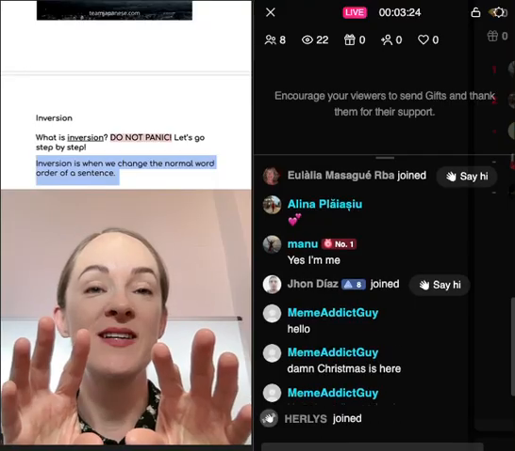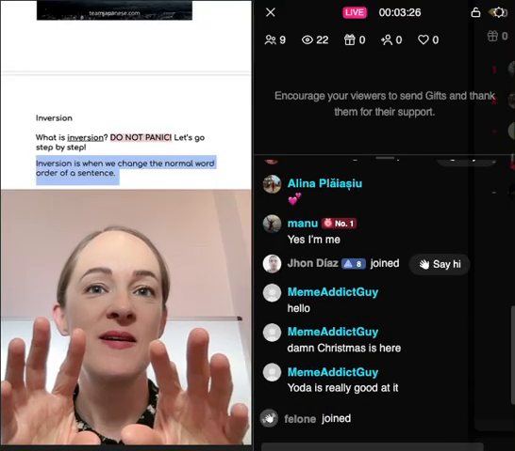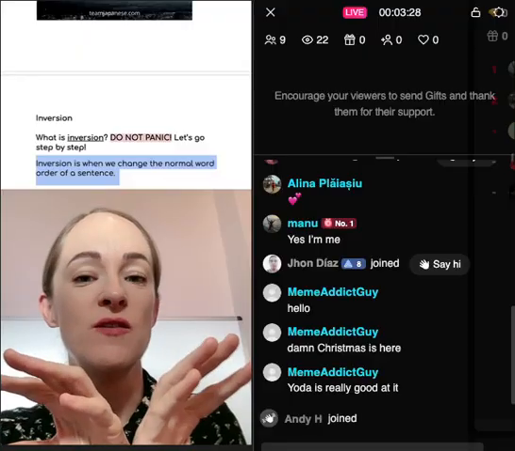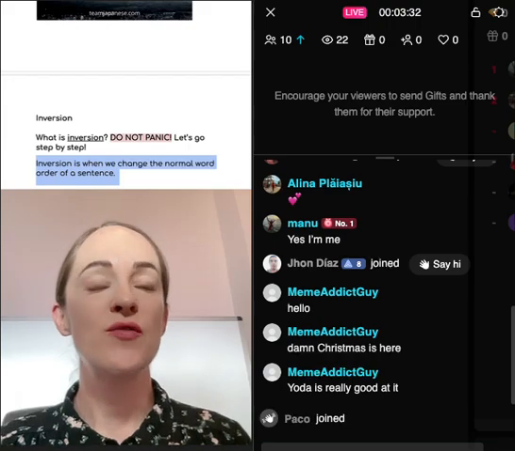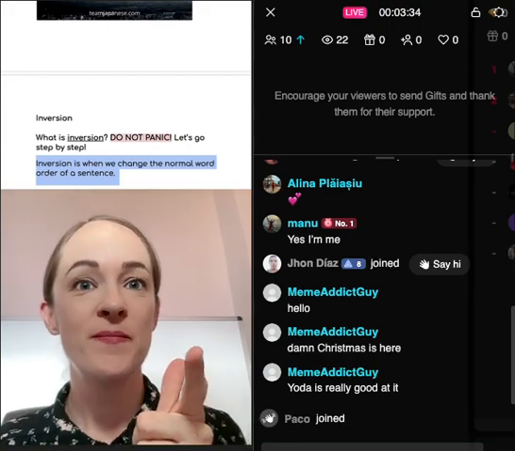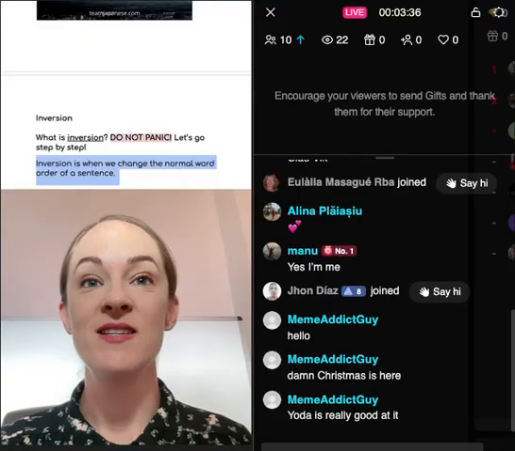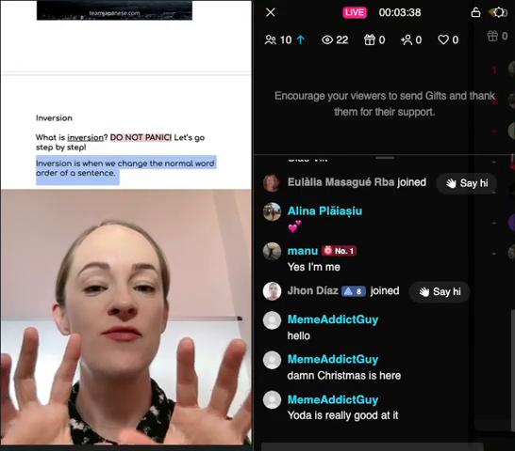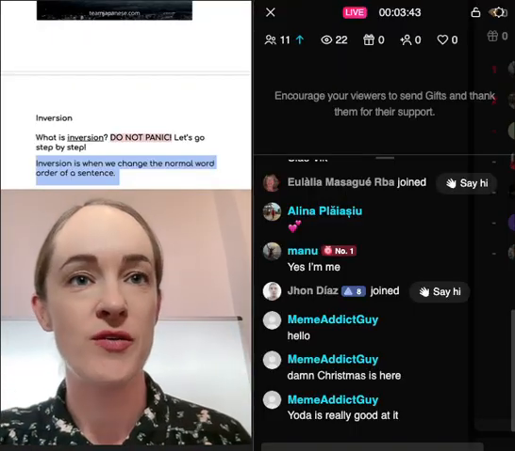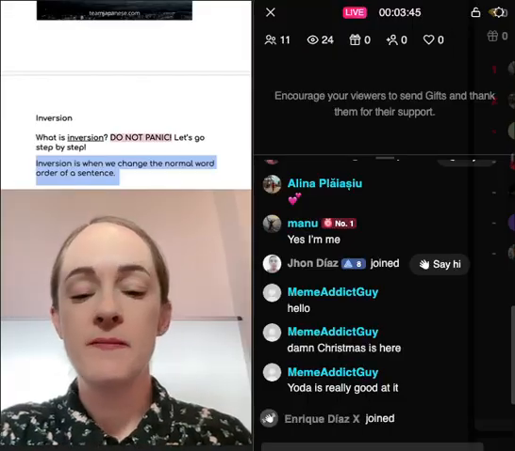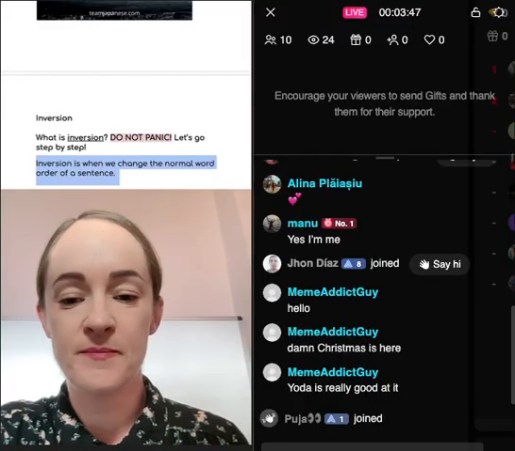Inversion is when something happens in the sentence and we need to change the position of the subject and the auxiliary verb. First of all, there's going to be a trigger. Something happens in the sentence and this triggers the fact that we now need to move the position of the subject and the auxiliary verb.